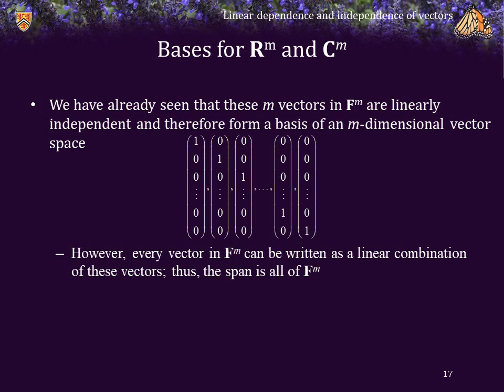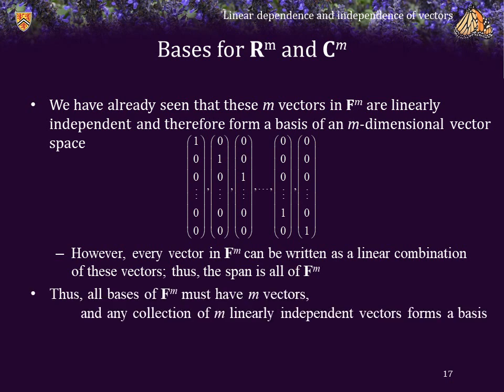After all, given an arbitrary vector u, u is equal to u1 times the first vector in this basis, plus u2 times the second vector, plus u3 times the third vector, plus so on and so forth, up until um times the last vector in this collection. Thus, the span is all of F to the m.